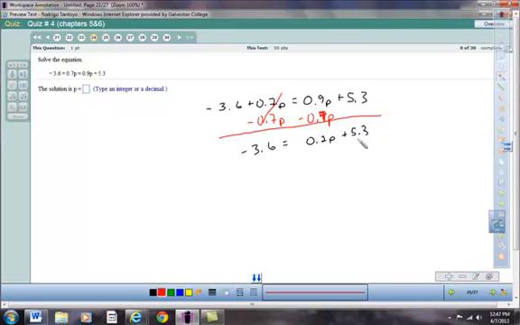So I want my p on one side. So I'm going to get rid of this positive 5.3 by subtracting 5.3 from both sides. Because there it will cancel. I subtract here, I get negative 8.9 equals 0.2p.